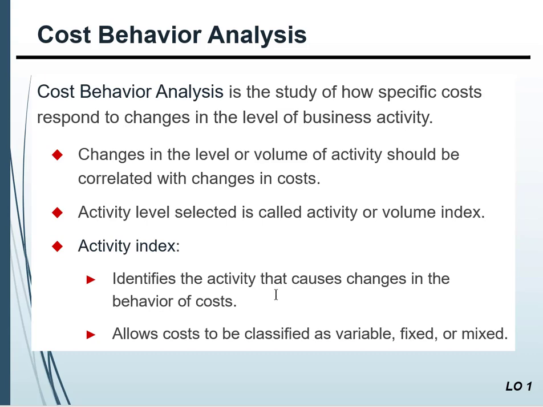Essentially, what we're going to need to do is identify the activity that causes changes in the behavior of cost. Primarily, we're probably going to refer to this as sales. But as we mentioned before, certain kinds of businesses could have certain kinds of levels of output that they measure. This will allow us then to classify our costs as variable, fixed, or mixed.